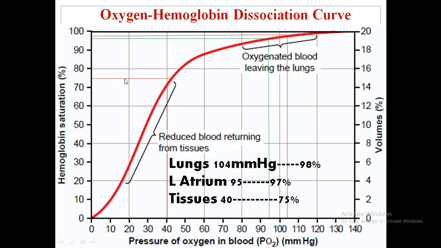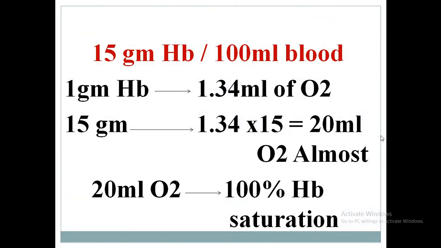These extra lines show the change in the partial pressure of oxygen with the change of hemoglobin saturation. Now the remaining thing is this parameter. For that we must have this calculation: 100 ml of blood carries 15 grams of hemoglobin, while 1 gram of hemoglobin can carry 1.34 ml of oxygen.